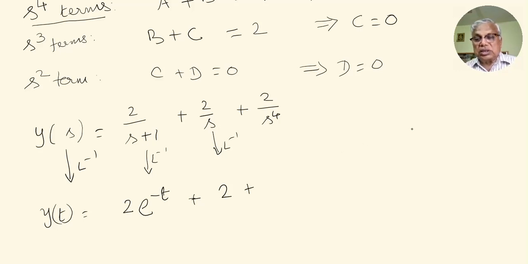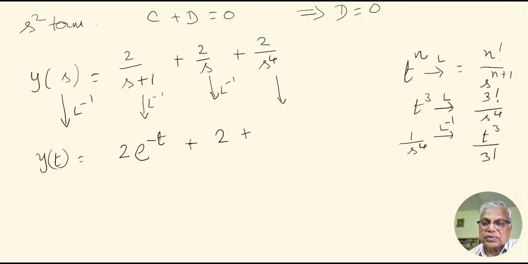Recall, what is the Laplace transform of t power n? L of t power n is n factorial divided by s power n plus 1. So if you take t power 3, Laplace transform of t power 3 is 3 factorial by s power 4. So if we invert, inverse of 1 by s power 4 is t power 3 by 3 factorial.